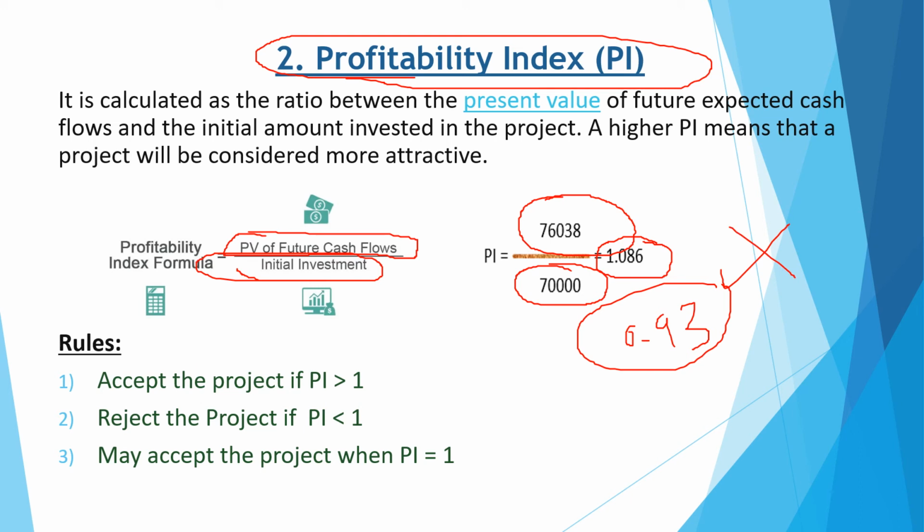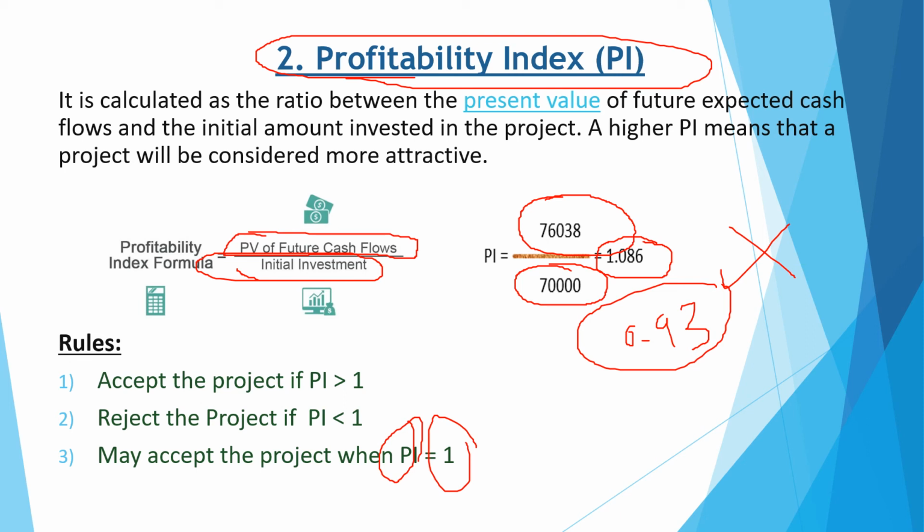And if sometimes the profitability index is equal to 1, the managing directors may decide; if it seems profitable, they may go for that project or they may not.